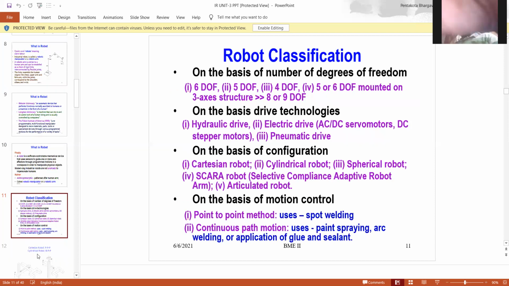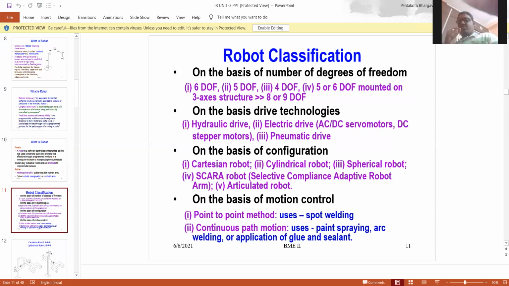Here are the classifications. Why I say classifications once again is that you can know much more information on the 6 degrees of freedom, 5 degrees of freedom, 4 degrees of freedom, on the axis structure, even 8 or 9 degrees of freedom.